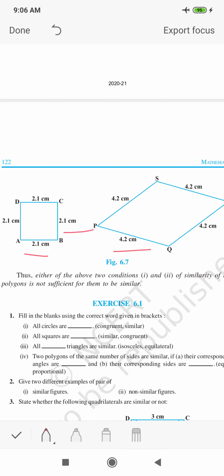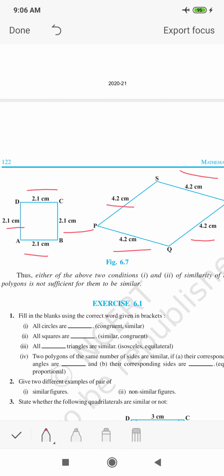BC is 2.1, QR is 4.2; CD is 2.1, RS is 4.2; AD is 2.1, PS is also 4.2. Their sides are in the same ratio, but their angles are not equal.